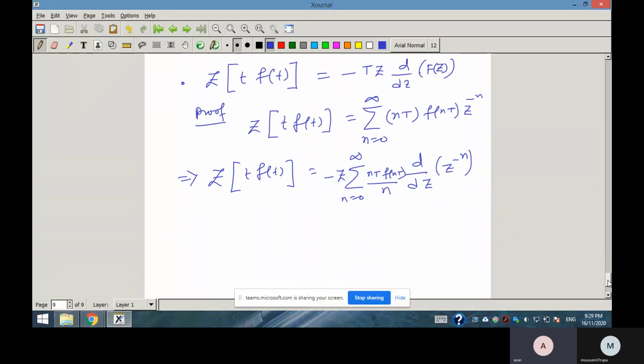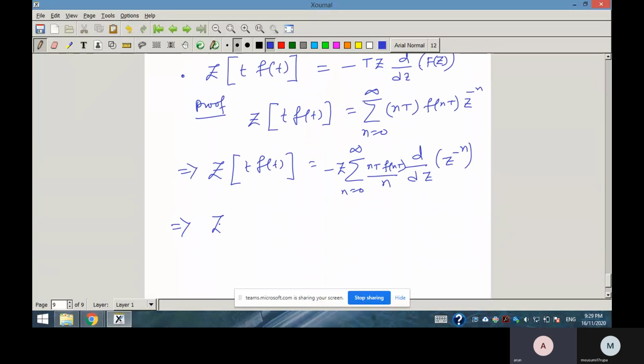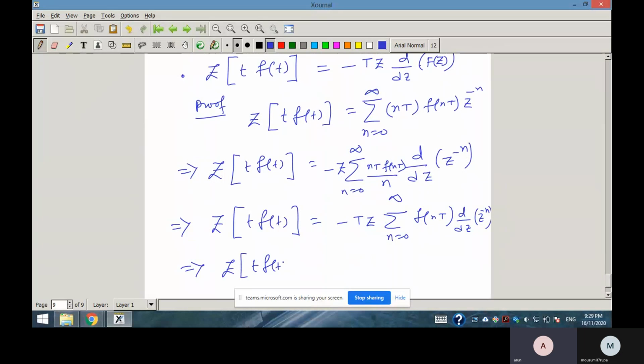And then this equation can be rewritten as the z transform of tft. This is equal to minus tz into summation n equal to 0 to infinity f of nt into dtz of z to the minus n. This means your z transform of tft equal to minus tz into dtz of, ultimately, you can take the summation outside because fnt is constant.